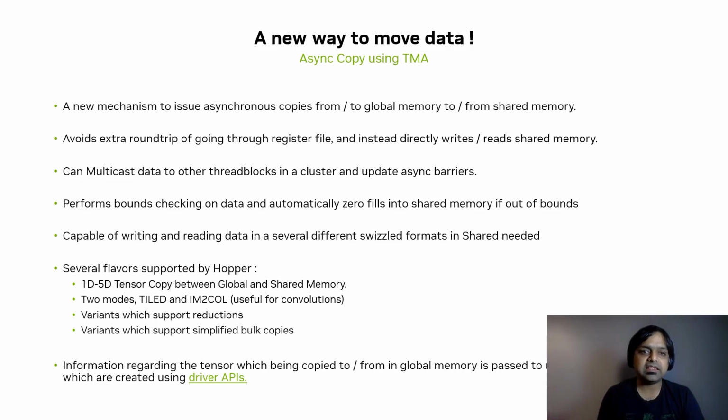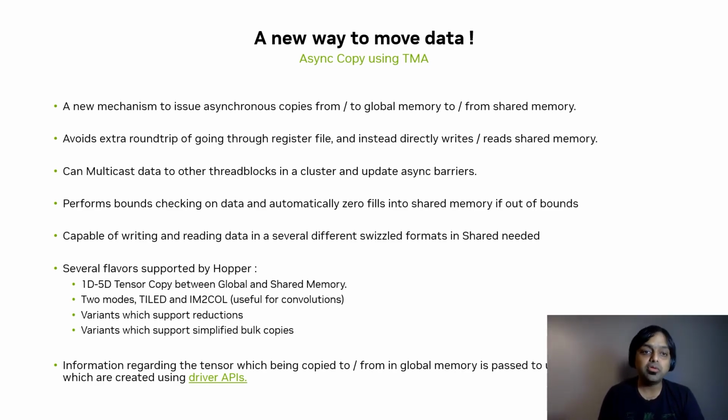Similar to Ampere-era async copies, we avoid a round trip through the register file by directly writing data to shared memory. But some of the other capabilities built into TMA are that it can multicast data across to other thread blocks in the same cluster and also atomically update async transaction barriers post data loading.